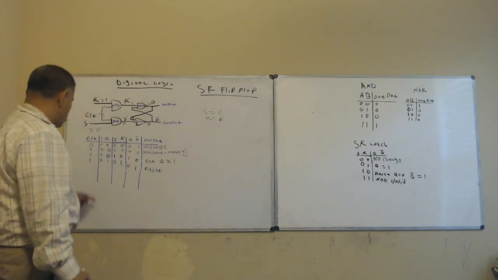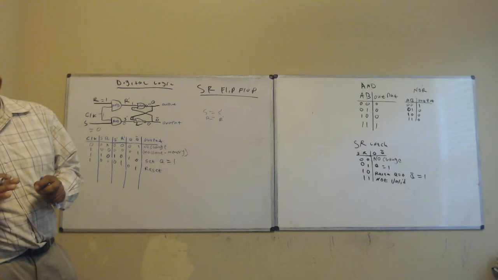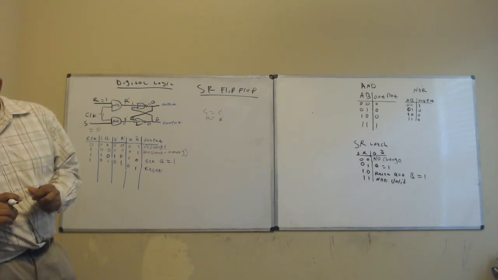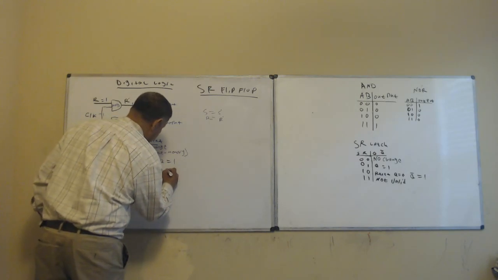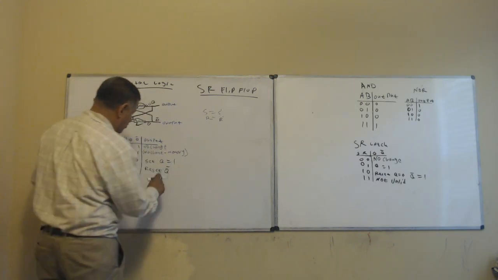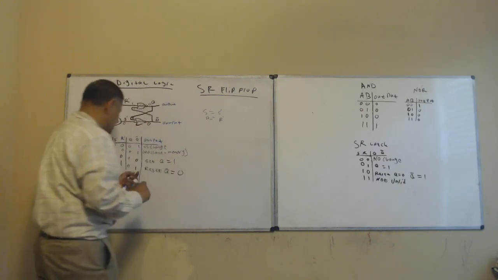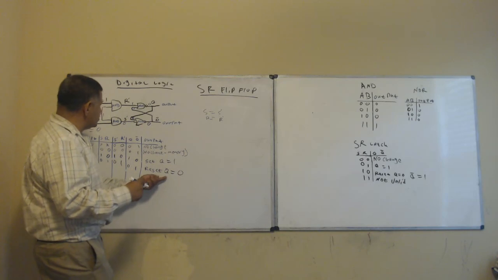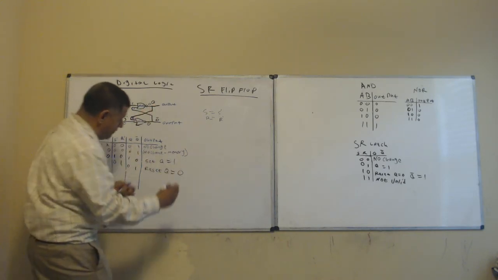Reset Q to 0, which in this case Q naught is equal to 1.